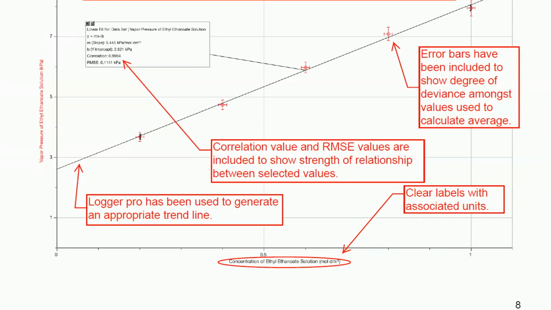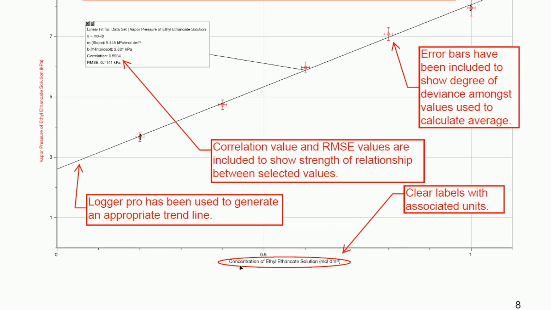Generating a clear descriptive title with a numbering system is not the only thing that students have to do if they wish to be successful on their graphical analysis section of an internal assessment. What they should also be cognizant of are including clear labels associated with their graph.